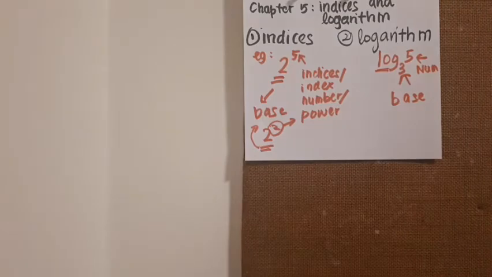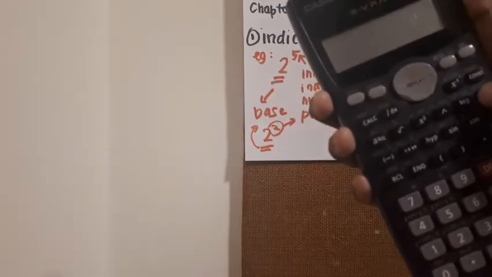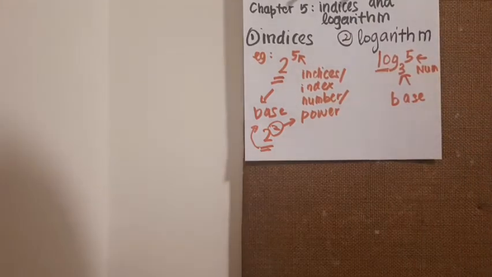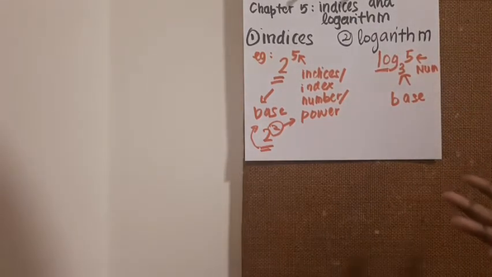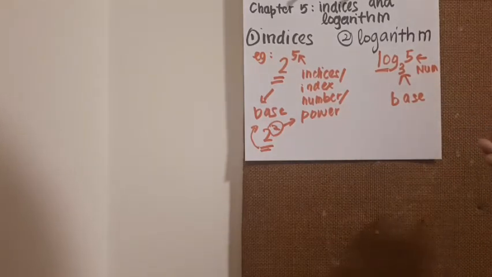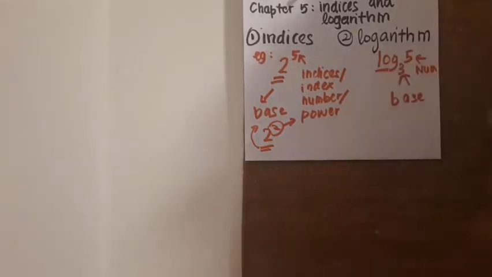This log is with the base of 10 in the calculator, but we can write log in any base you want according to the question. Here in this example, I have written log in the base of 3 of number 5. So this is how indices and logarithm work.